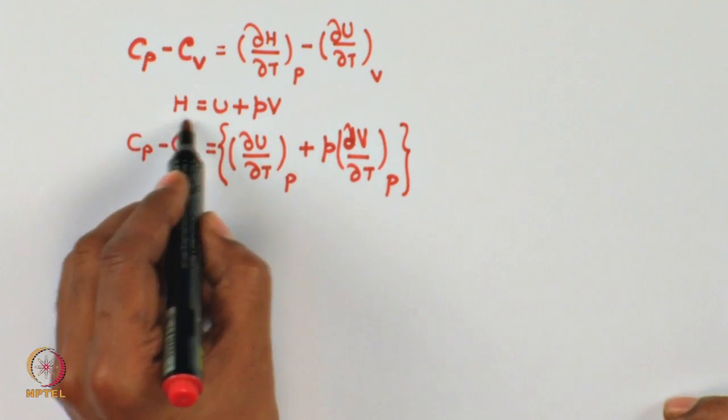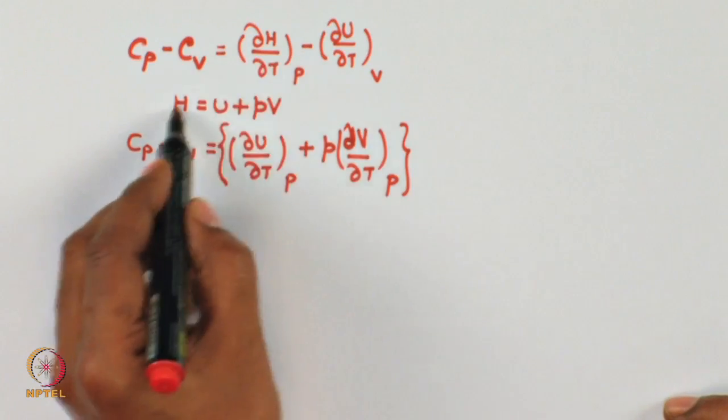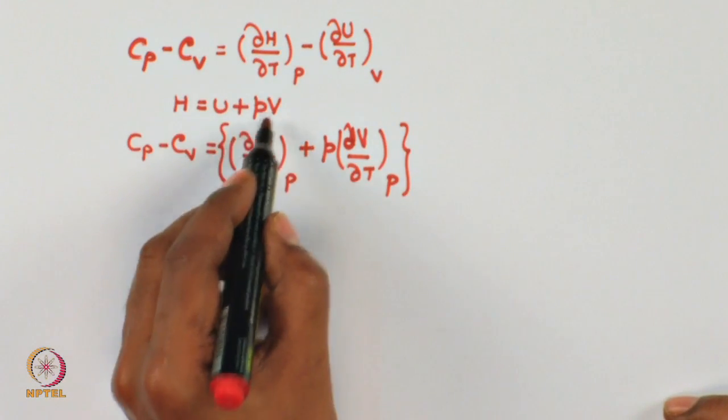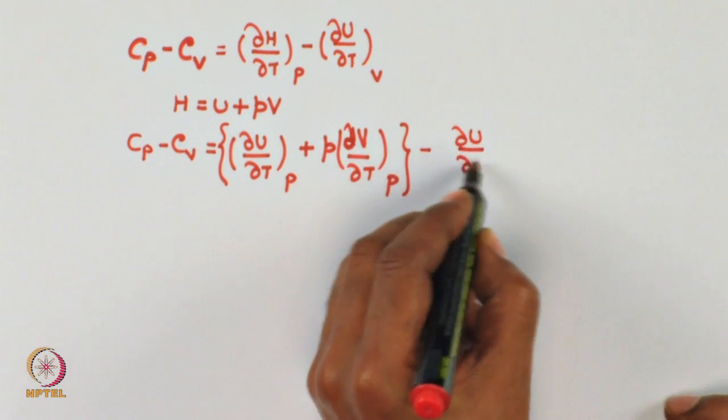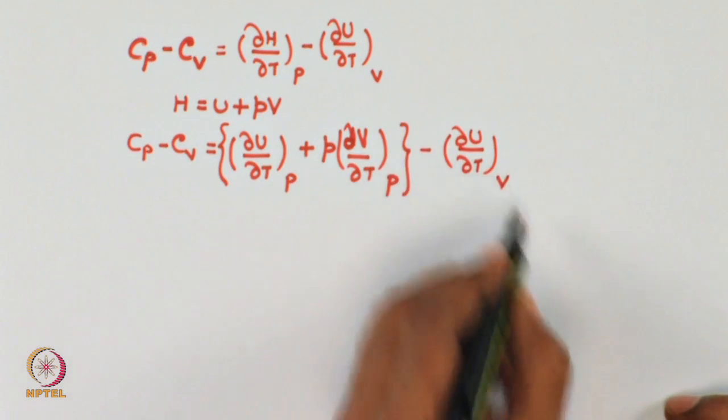This is just the differentiation of H, that is dou H by dou T at constant P, minus dou U dou T at constant volume.